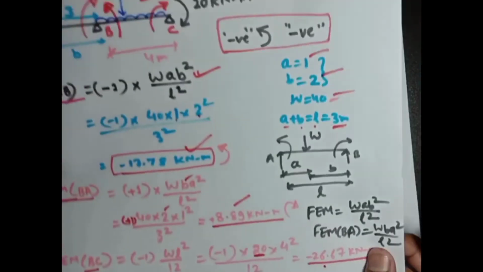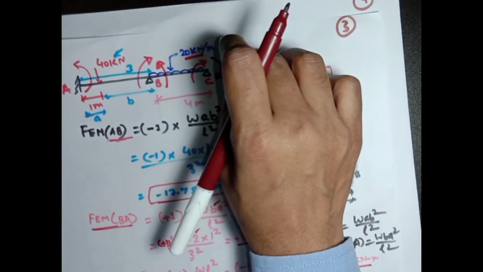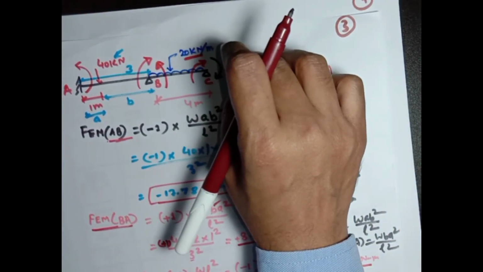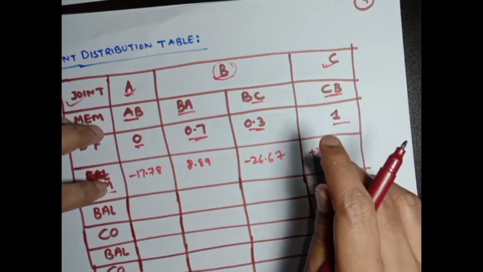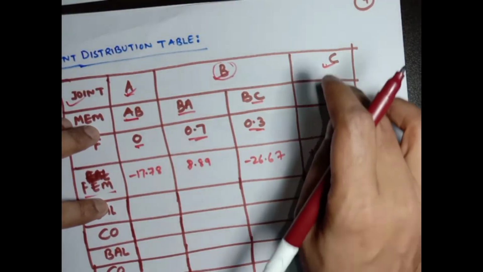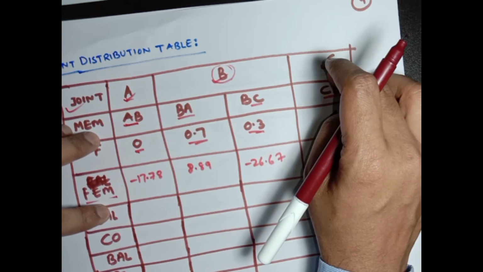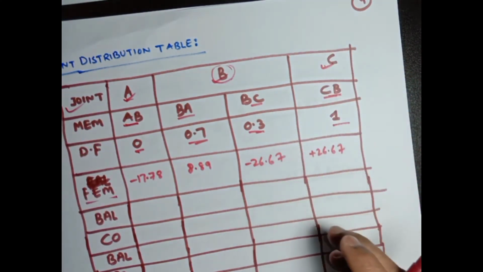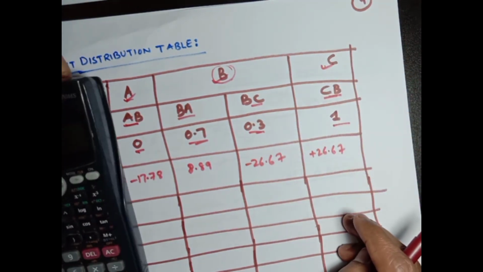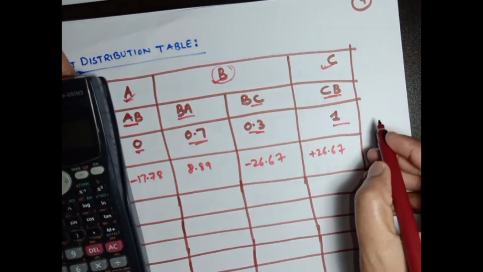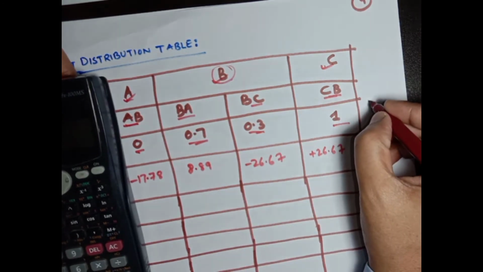As per this rule, this is the external moment, and it will always remain as it is. So in order to make this joint C have a moment of 20 kilonewton meter, we are going to use something like this.